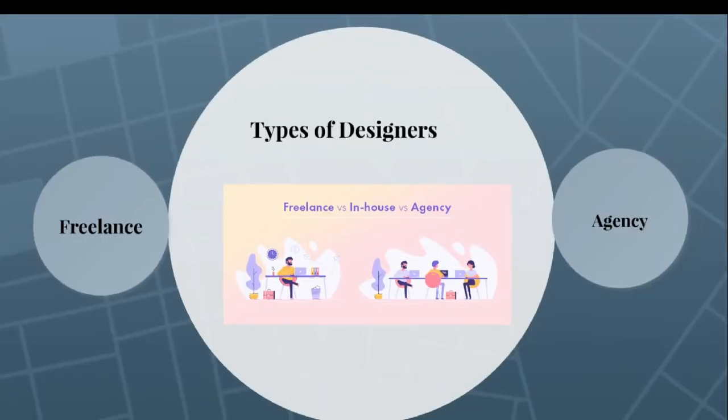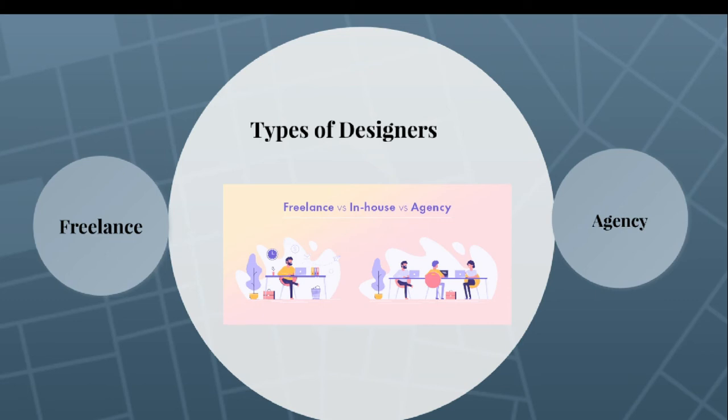So now that we understand what a graphic designer uses to make their products and we understand what types of products are made, it just makes sense that we would talk about what a graphic designer is. Now, if you remember from the beginning of the video, graphic design is the career or profession of visual communication. So it's easy to understand that a graphic designer is a visual communicator.